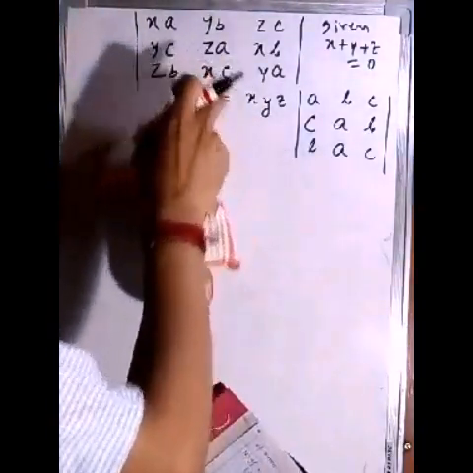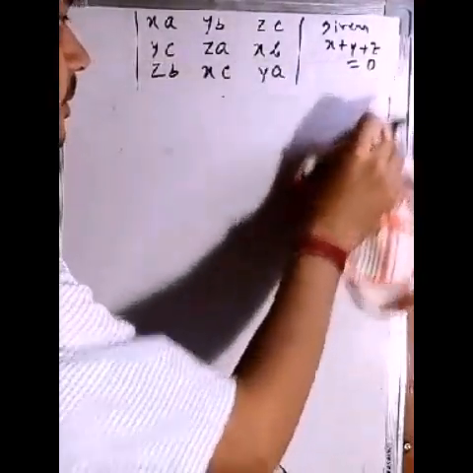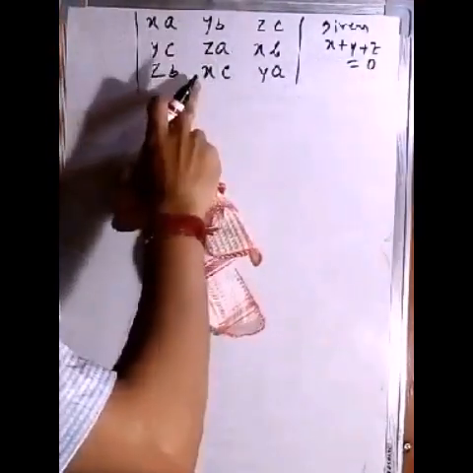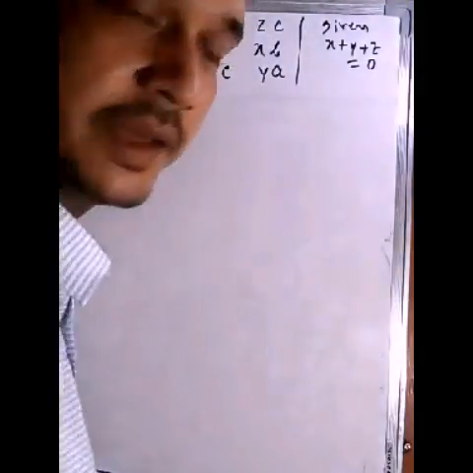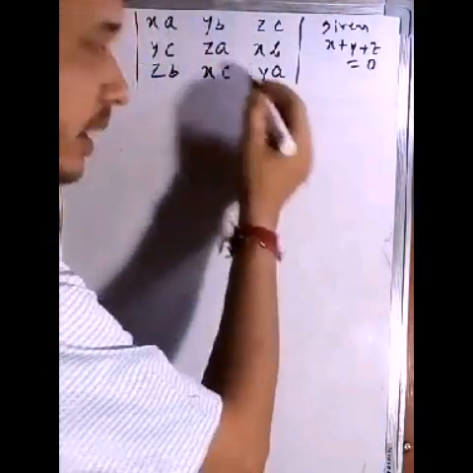So first we write the given determinant. The given determinant is determinant XA, YB, ZC, YC, ZA, XB, and then ZB, XC, YA. Now we expand this determinant.